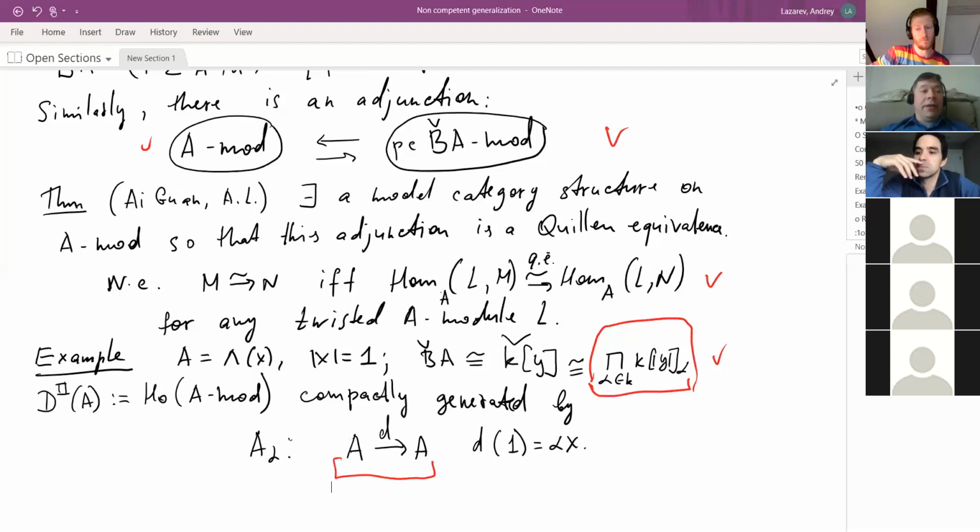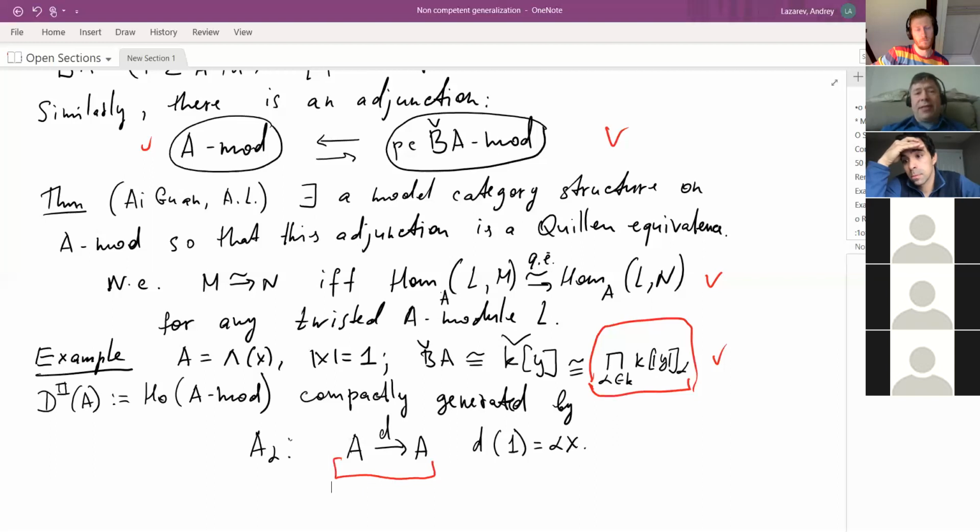So this is the next part of the project, which I didn't tell you anything about, and which is to do with Koszul duality one level above. Does there exist a certain weak equivalence on algebras, which had better be stronger than quasi-isomorphism, so that two equivalent algebras have equivalent derived categories of the second kind?